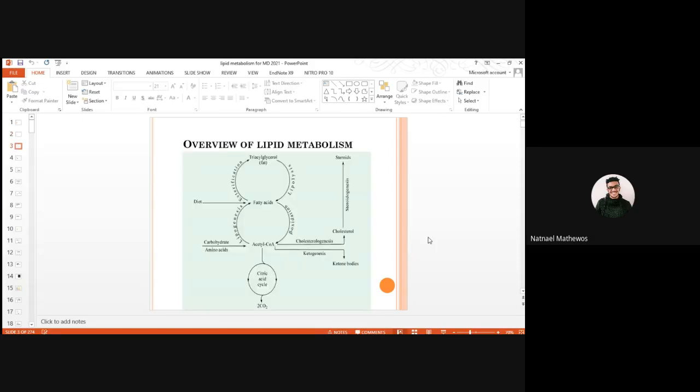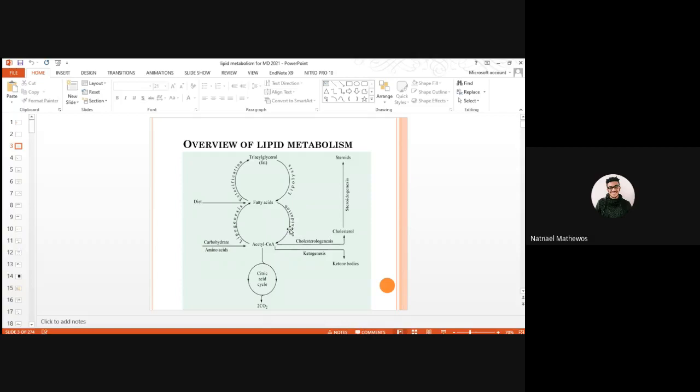The overview of lipid metabolism, the general overview plus energy production or oxidation of fatty acid, is shown here. First, there is lipolysis. Lipolysis means lysis of lipid or fat. It occurs mechanically or enzymatically. It will be degraded into fatty acid, and then fatty acid enters beta oxidation.